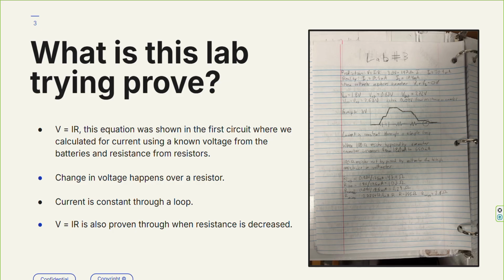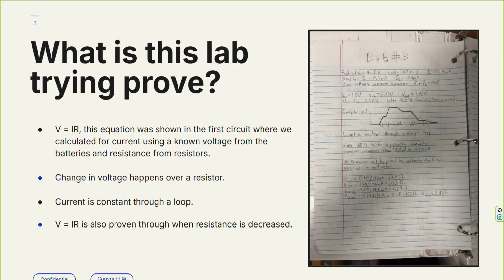And then we had two resistors in series: 100 ohms was one of them, and 47 ohms was the other one. So then we calculated that the current through this loop we expected would be about 20 milliamps. In reality, we found it to be about 17 and a half.